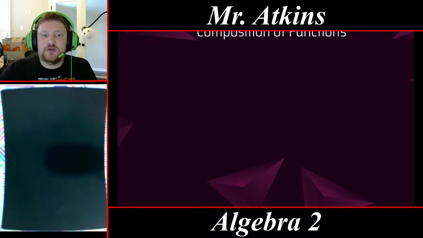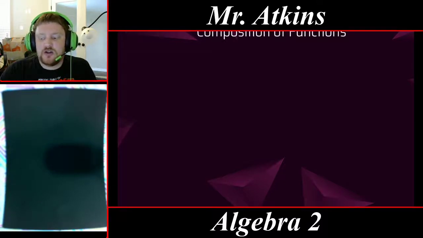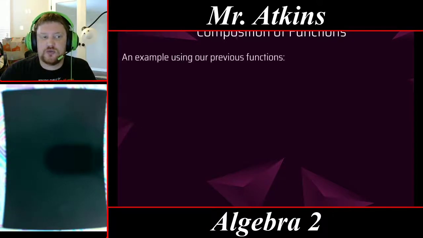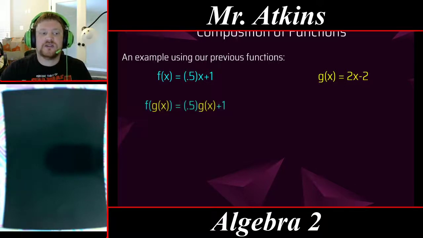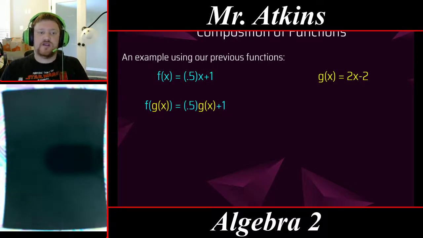Continuing on with this, let's take a look at an example using our previous two functions. You may remember that f of x was 0.5x plus 1, and g of x was 2x minus 2. So let's take a look at f of g of x.